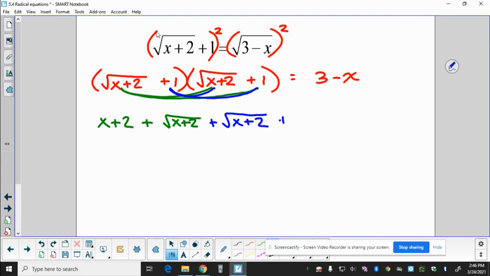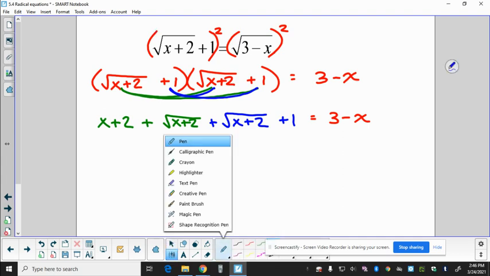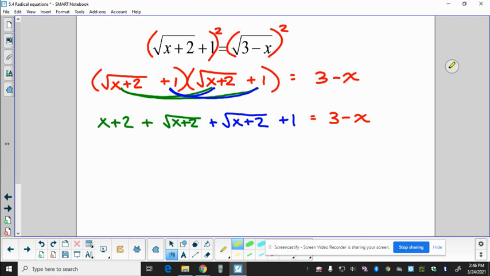And multiply those together. All right, let's try to combine some like terms together. Okay, there's 2 of those.